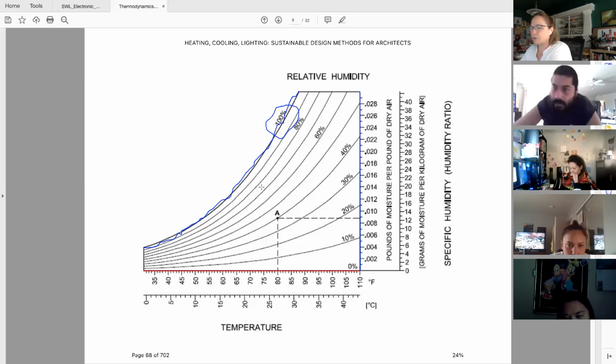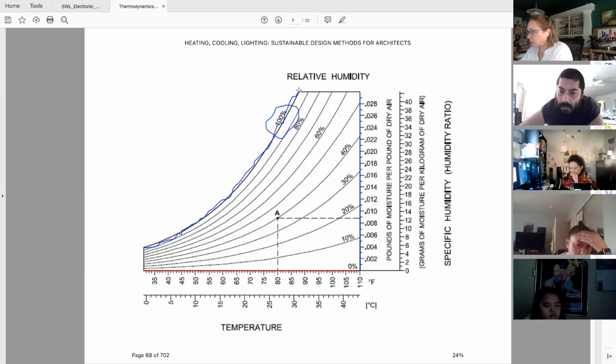So it's not a straight line, which would be a direct relationship, but it's a curve because at 85 plus degrees, it holds a lot more volume of water than at 40 degrees.